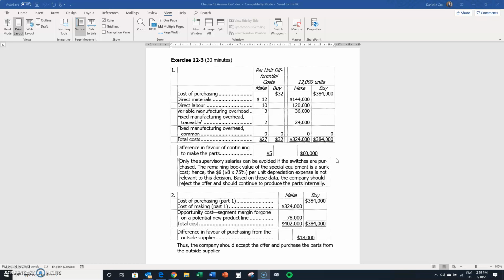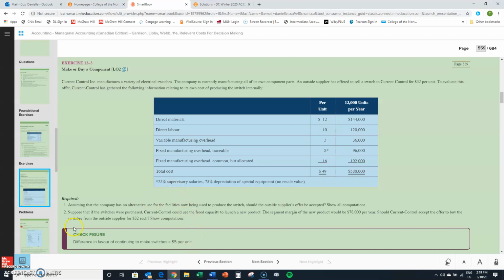Now suppose that if the switches were purchased, they could use the freed capacity to launch a new product. The segment margin of the new product is $78,000 per year. Now, what should they do? Should they accept the offer to purchase, or should they continue making?